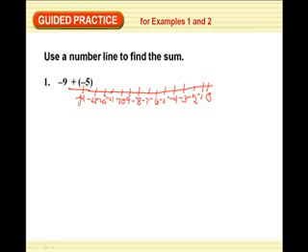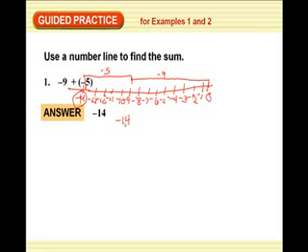Okay, so the first thing, we start at 0 and the first number is -9. So I go over to the left, -9 right here. And then I add on another 5, 1, 2, 3, 4, 5, which puts me at -14. So -9 plus -5 using a number line, because that's what they asked me to do, is -14.